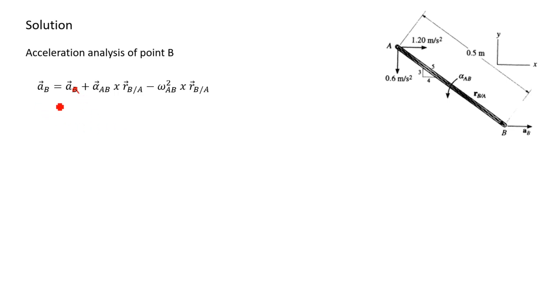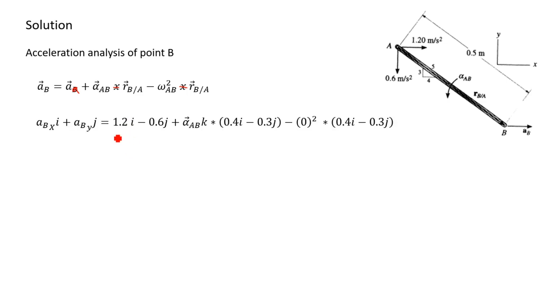So the AB is going to be equal to the AA plus the alpha AB multiplied by the RB slash A minus the omega AB square multiplied by the RB slash A. So that's the equation A we got from the previous step. This one is unknown as components, and we are going to put the alpha AB, which is unknown, multiplied by the R AB.